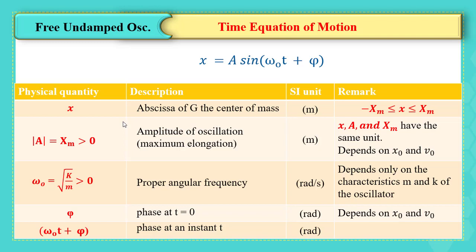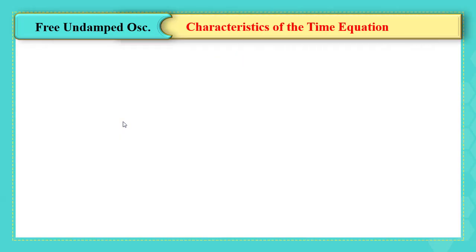The amplitude depends on x0 and v0. Besides, omega 0 depends only on the characteristics m and k of the oscillator, while finally phi depends on x0 and v0, the initial values.